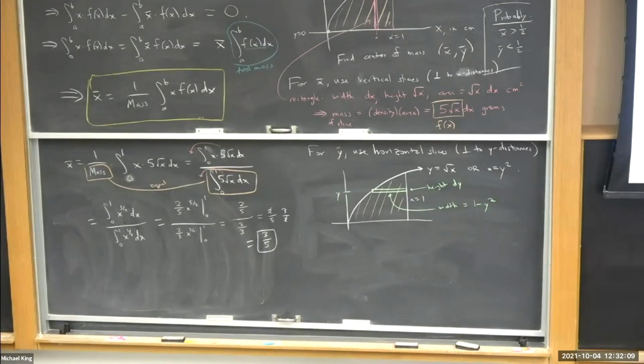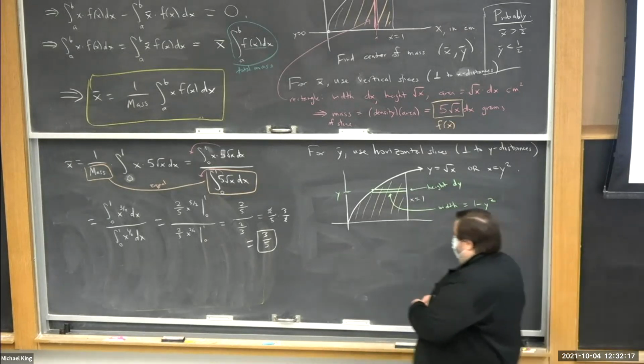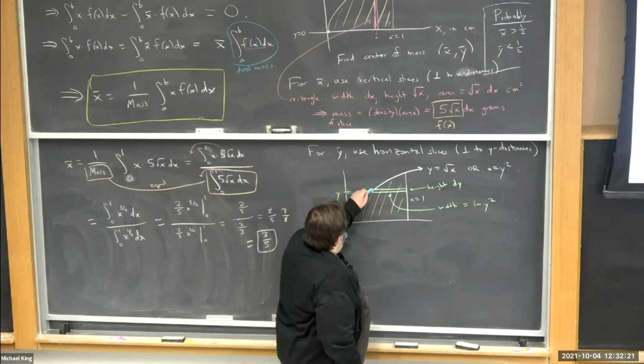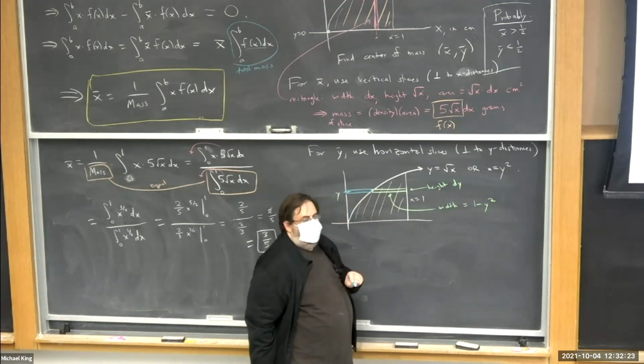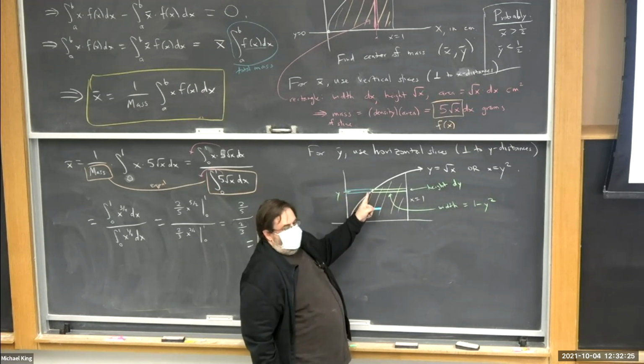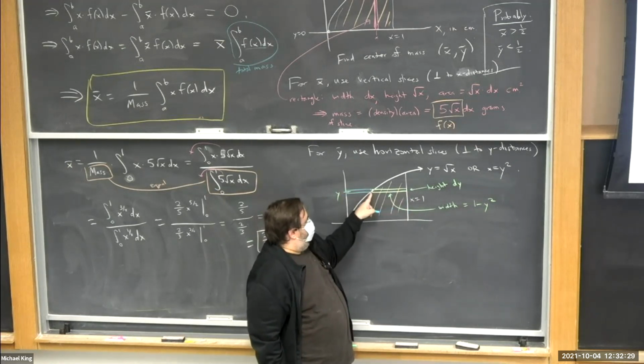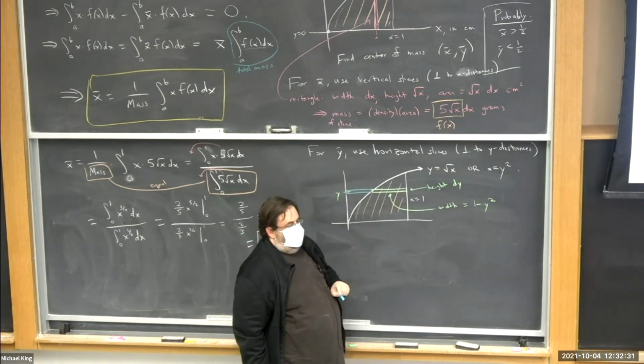Well, that's the problem, it's not y squared. Y squared would be the width of a rectangle like this, because that would be from 0 to y squared. So we actually want here to here. That's why it's 1 minus y squared, yeah.